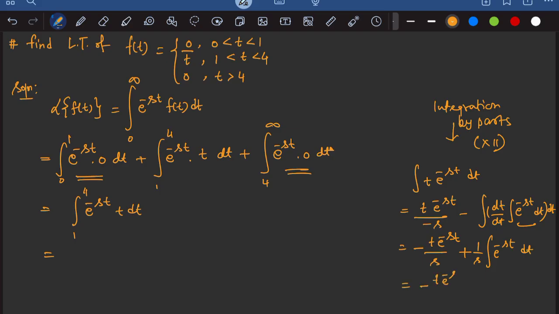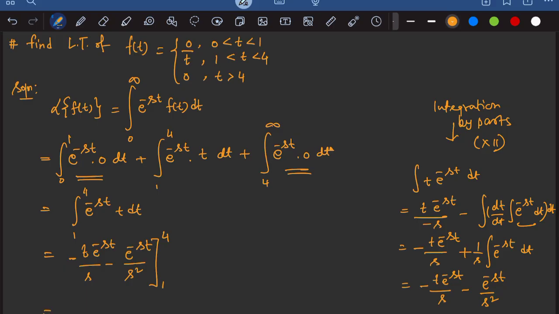So basically minus t e power minus st by s minus e power minus st by s square. Now take this term and put it here, with the limit 1 to 4.